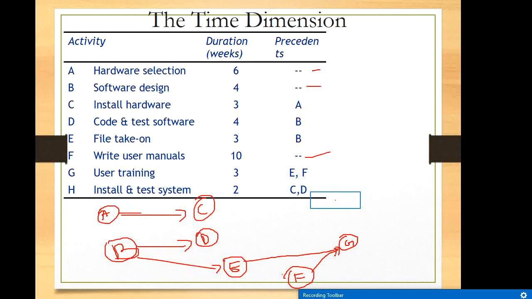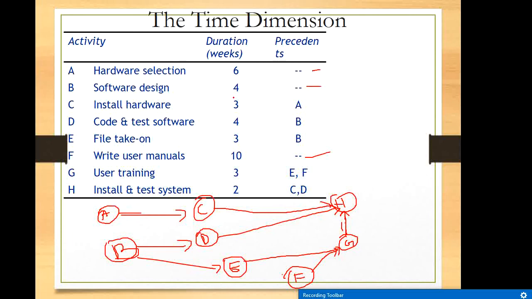Then installation of test systems, H will be commencing only after these 2, C and D, are getting finished, right? So your project will be finishing by adding this, with of course not necessary, we can see here dotted arrow or something like that. So this is the way we can draw the network diagram for this.